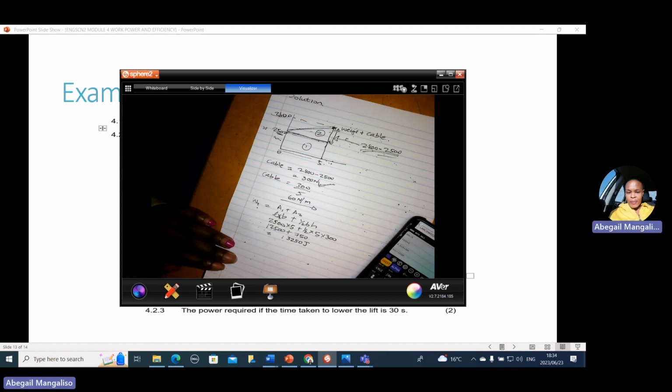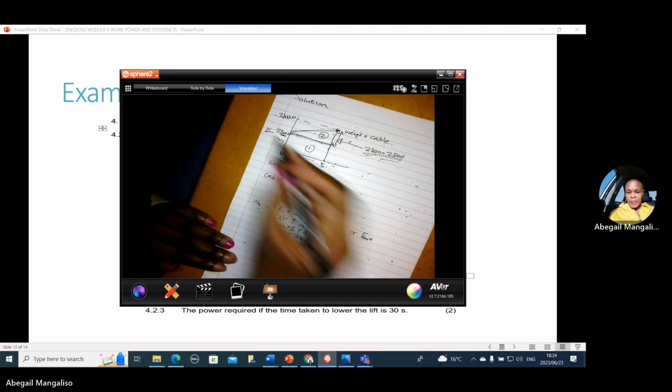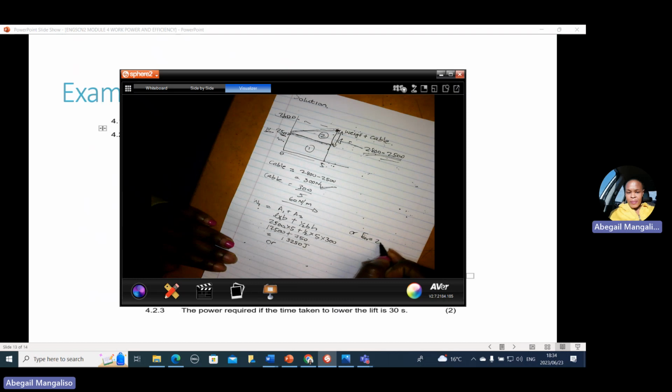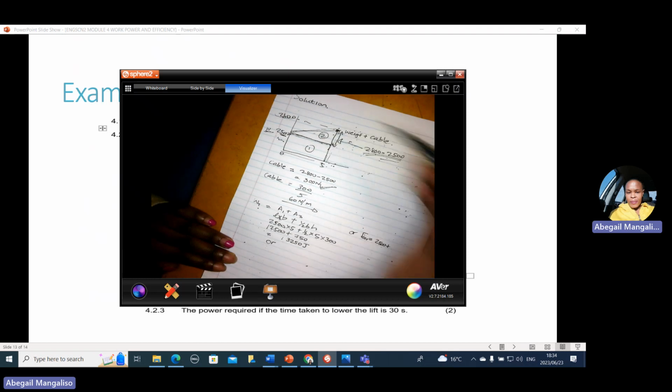Alternatively, when you calculate work done, you can use the average force or the average tension. So F average will be equal to the first force, 2,500, plus the second force, 2,800.